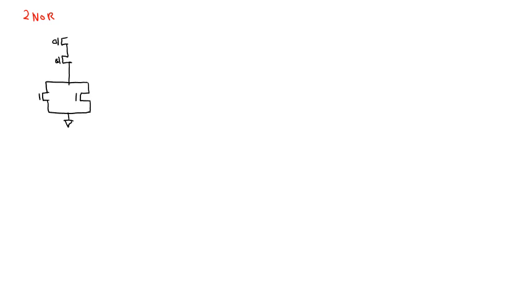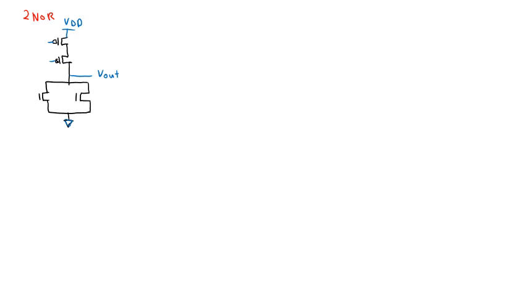The drain side should be connected to the output. Sometimes we call any value there F or whatever. Then the VDD here is connected to one side, and then the source of NMOS to the ground down here.